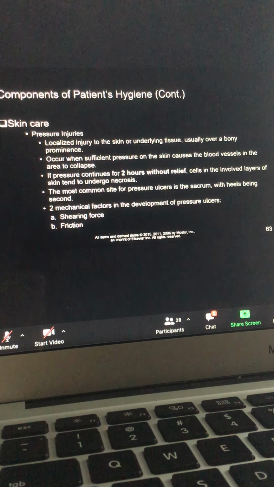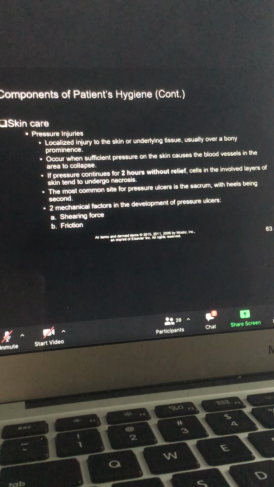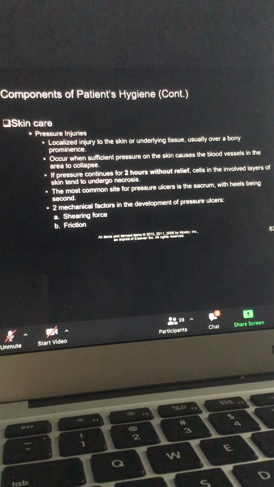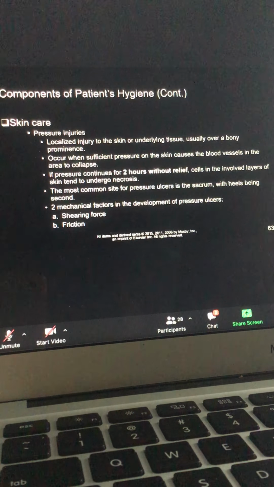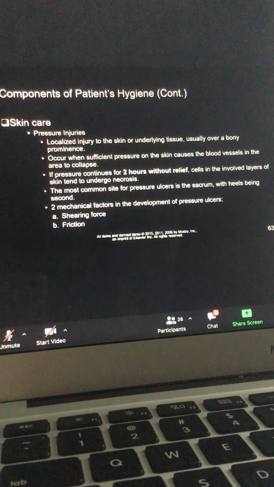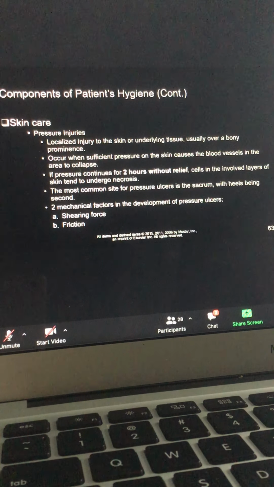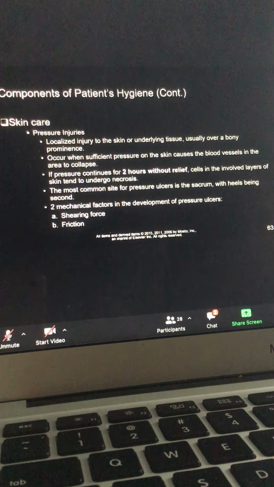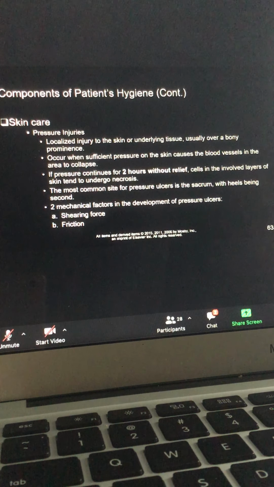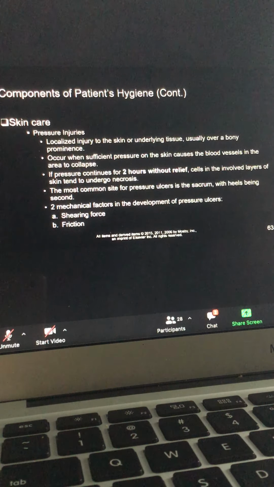So pressure injuries are localized injuries to the skin or the underlying tissue, usually over a bony prominence. This occurs when sufficient pressure on the skin causes the blood vessels in the area to collapse. We're thinking about the smaller blood vessels. What are the smallest blood vessels in your body? Anyone? You have the artery, the arteriole, and after the arteriole, what follows?